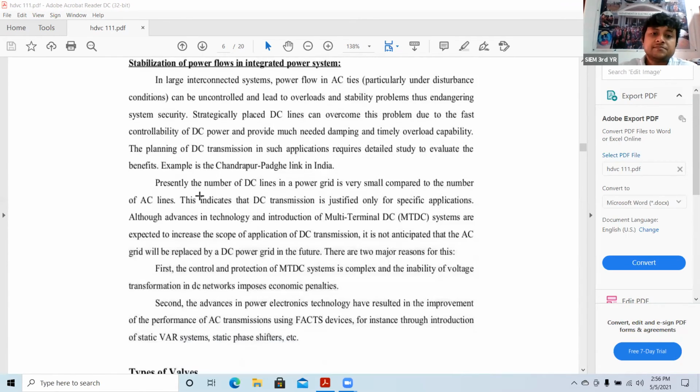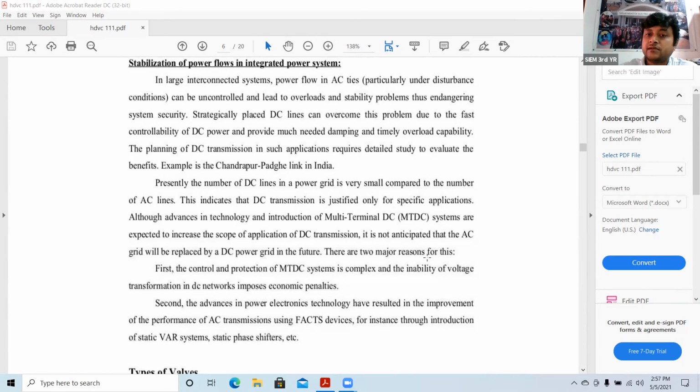Okay, presently the number of DC lines in a power grid is very small compared to the number of AC lines. This indicates that the DC transmission is justified only for specific applications. Although the advance in technology and introduction of multi-terminal DC systems are expected to increase the scope of application of DC transmission, it is not anticipated that the AC grid will be replaced by a DC power grid in the future.